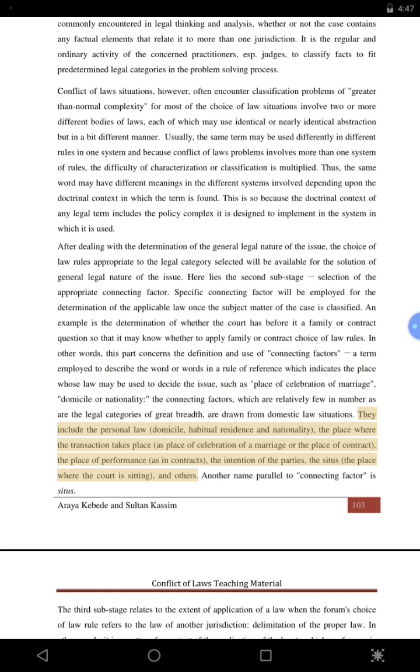They include the personal law, domicile, habitual residence and nationality, the place where the transaction takes place, such as the place of celebration of a marriage or the place of contract, the place of performance, as in contracts, the intention of the parties, the situs, the place where the court is sitting, and others. Another name parallel to connecting factor is situs.